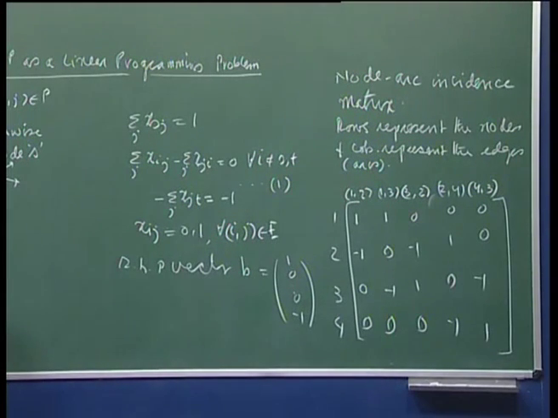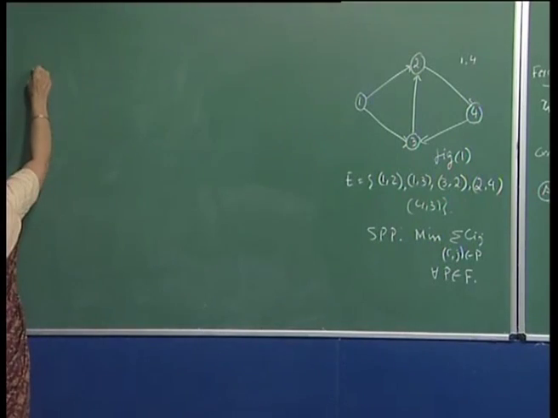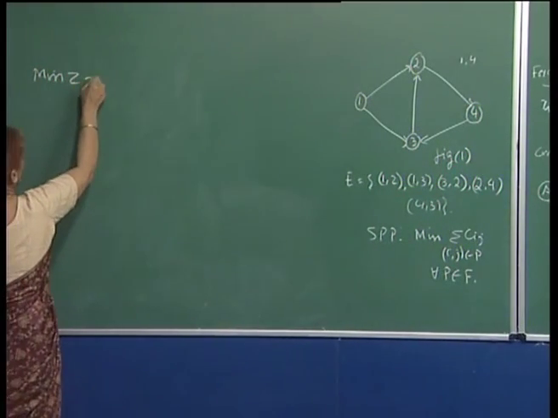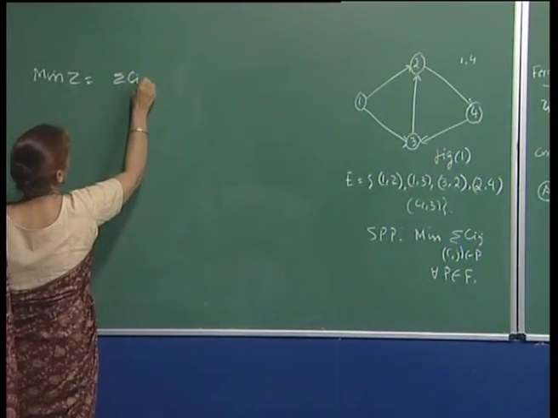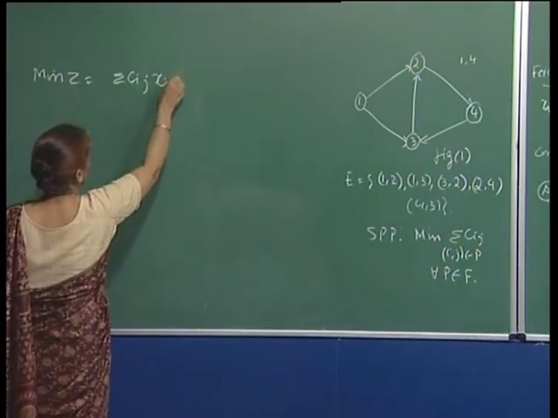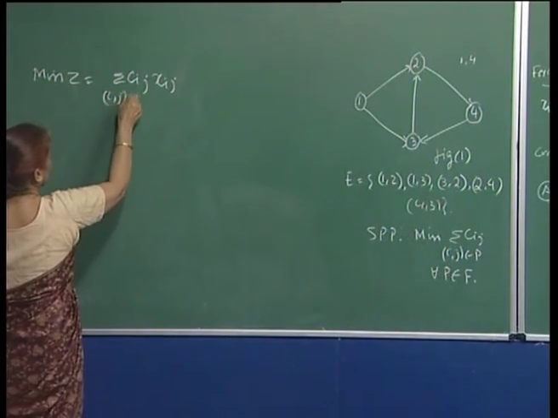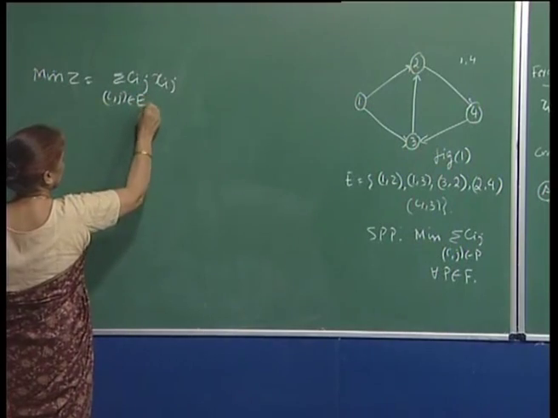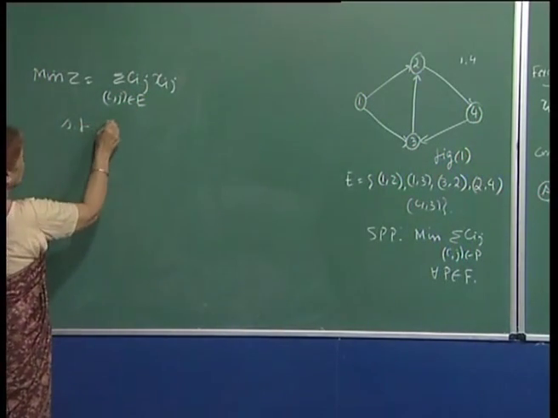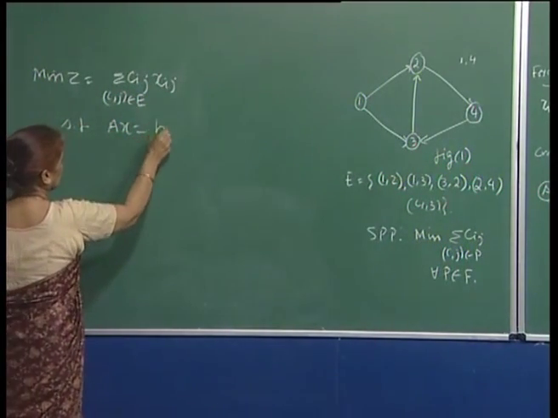So, I can now write the linear programming formulation for the SPP with the objective function and everything, because the weights are given. For this particular problem, the formulation will be: minimize z equal to summation of c_ij x_ij, for ij belonging to your edge set E, subject to Ax equal to b.